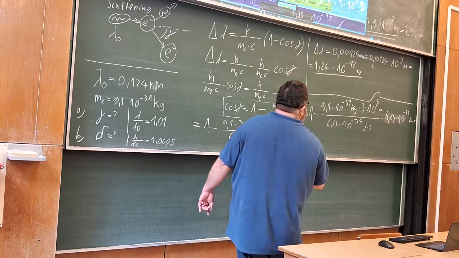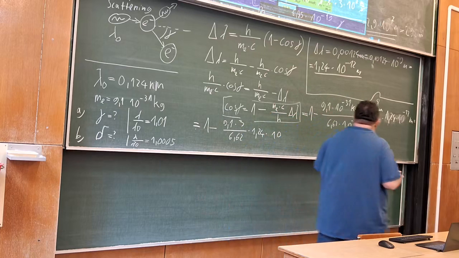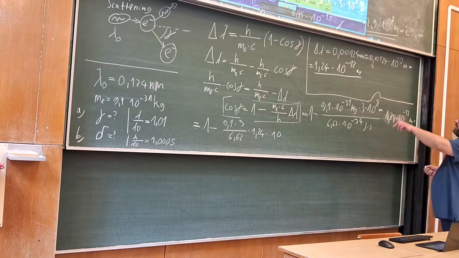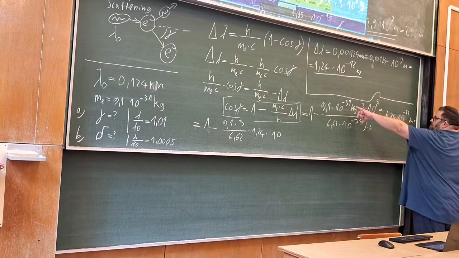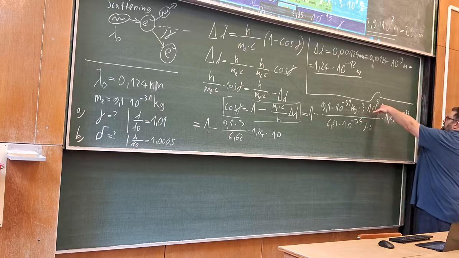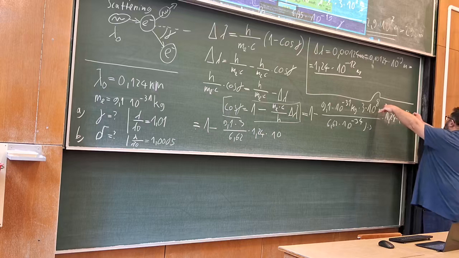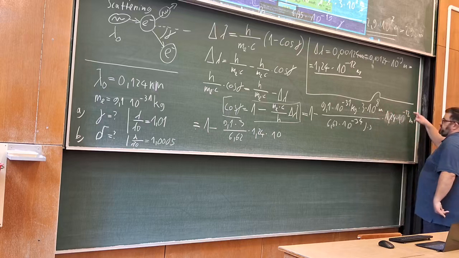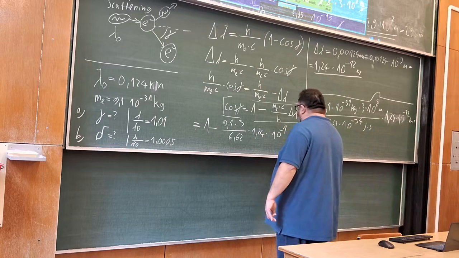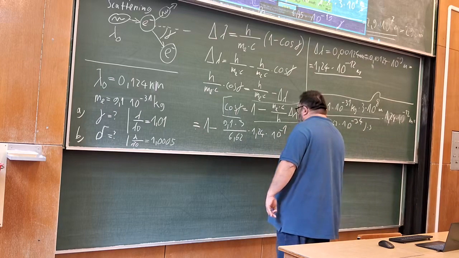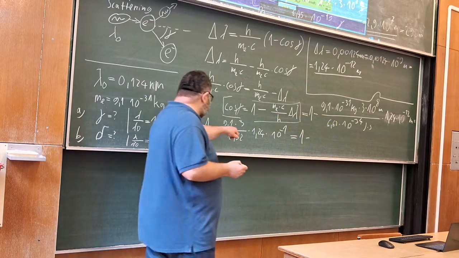What is it? Okay, so this is plus 3, plus 11, minus 12, so it's minus 1. So please tell me what is this.